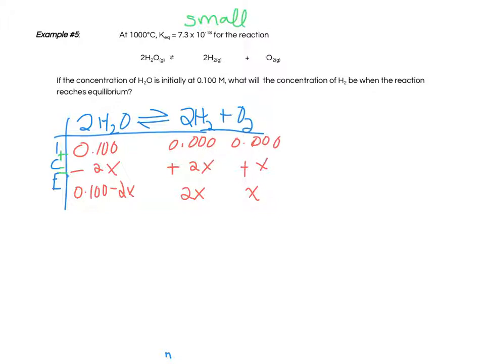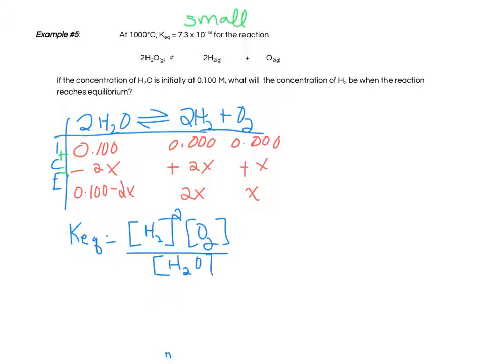So the next thing I want to do is write out an equilibrium law expression. So I know that in this case my KEQ is equal to the concentration of my products, H2 and O2, and the exponents in this expression are there because of the coefficients in the balanced chemical equation. In other words, I see this 2 here beside H2, that brings me to have a 2 here in my equilibrium expression. All of that divided by the concentration of my reactants raised to the power of their coefficient in the balanced chemical equation.